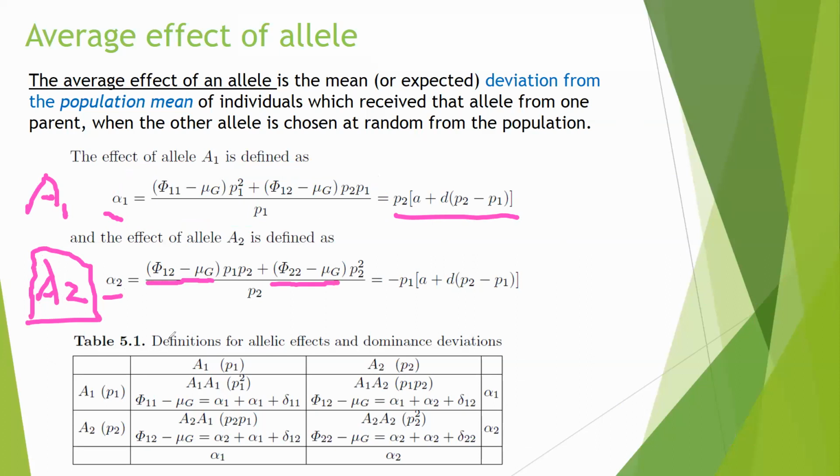This A2 allele can be combined with any allele selected from the population randomly to form two genotypes, right? So the first genotype is A2, A2: you got another A2 from the population. And the second one is A2, A1: you got another A1 from the population, with the probability equal to P1 or P2, right? The same.